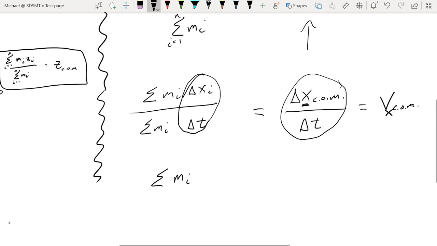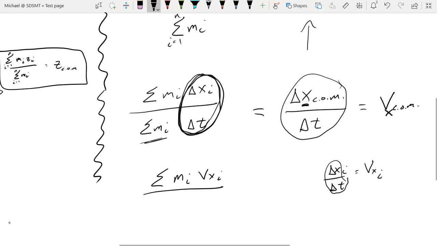If we do that, this fraction here that I just circled, the change in each individual position divided by time, is going to result in the individual x components of velocity of each mass. And we still have our total mass term underneath.